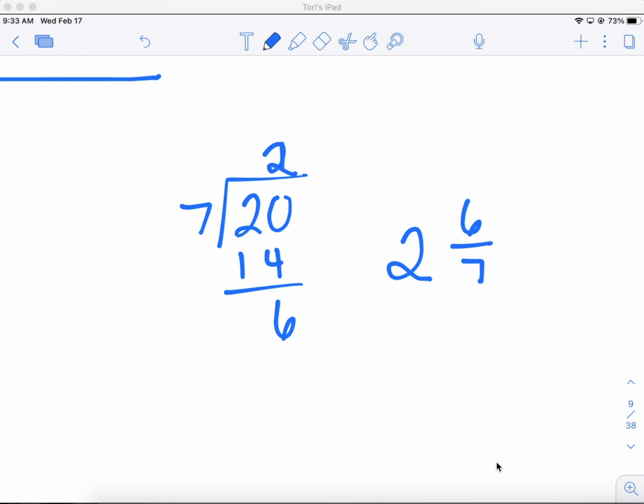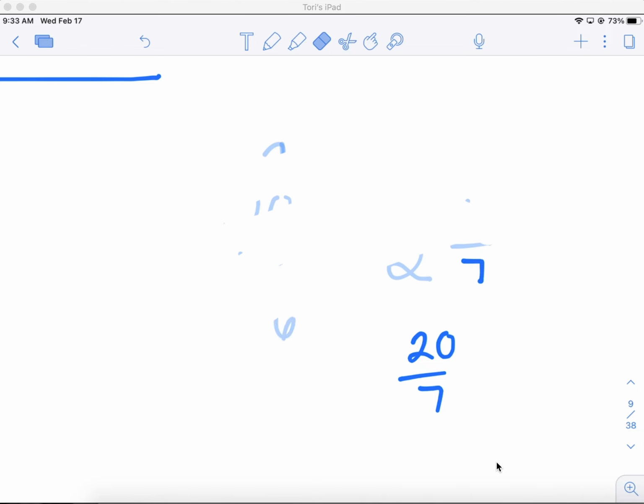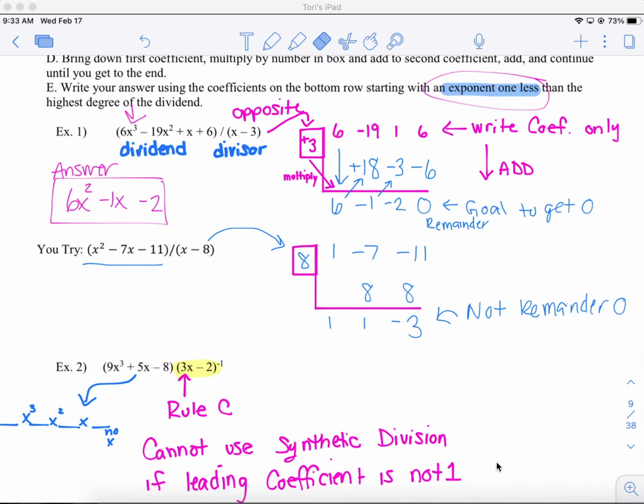That's how you would say 20 divided by 7 is the same as 2 and 6/7. Okay? We're going to think about it the same way. Whatever you get as your remainder is like a part of the whole that you were dividing by.